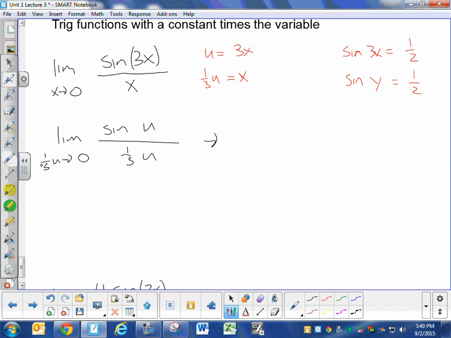Now, this is important. If 1/3 u is approaching 0, u is also going to be approaching 0. And then I'm going to have 1 over 1/3. So 1 over 1/3 is the same as 3 times sine u over u. Well, what's this limit? 3, just like the first problem we did. This is just 3. Okay.